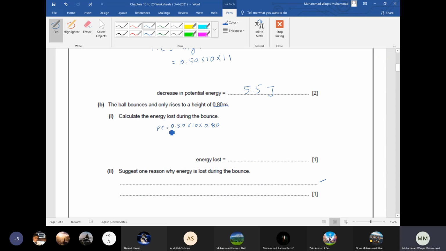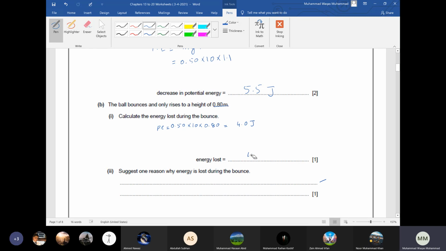And what is the answer? Sir, 4 joules. It is 4.0 joules, right?